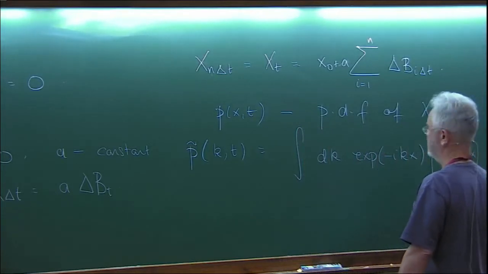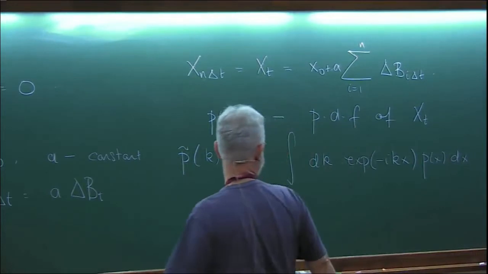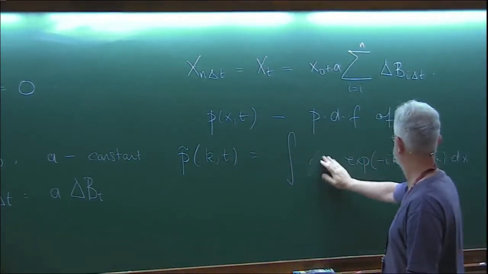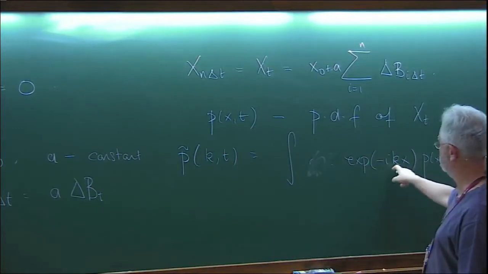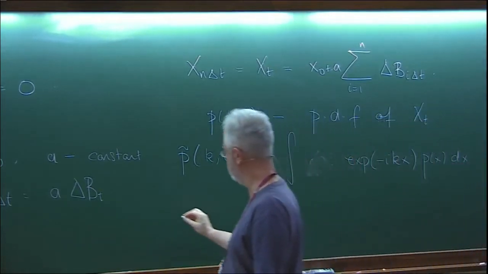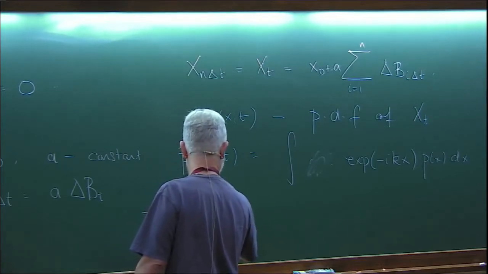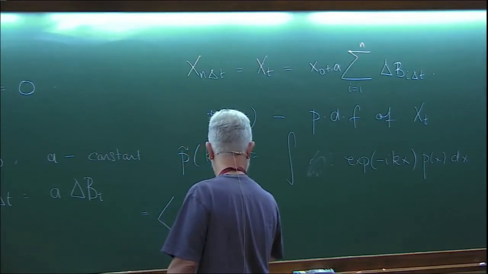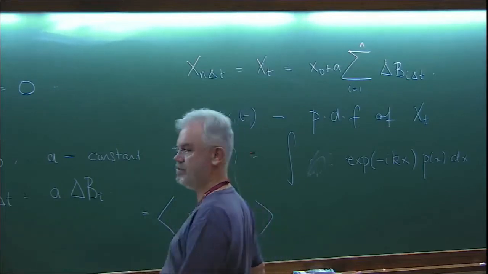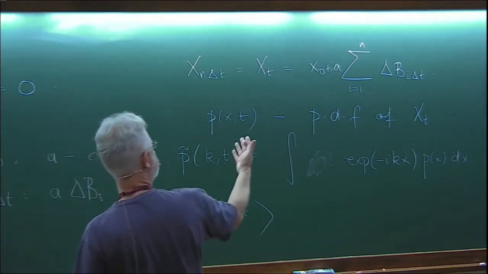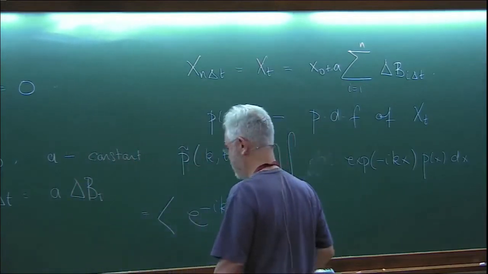This is also the characteristic function, because I'm integrating the probability distribution against this exponential, I'm just computing the expected value of e to the minus ik times the random variable I'm interested in. And you can see, this process is constructed by adding up independent increments.